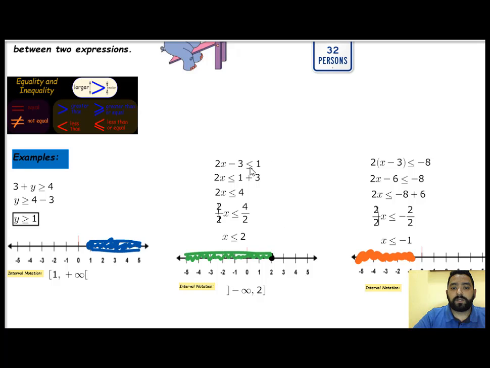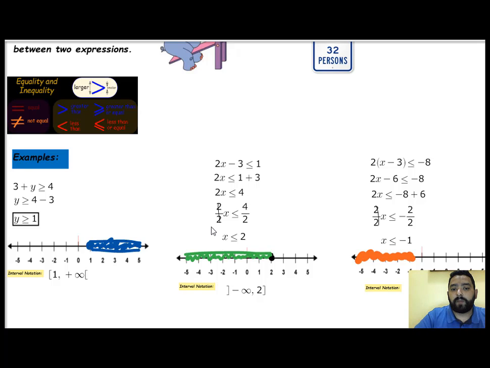Now in this one we take the same idea and we have 2x minus 3 less than or equal to 1. This 3 is negative, we pass it to positive, and we have 1 plus 3 equals 4. Then we have 2x less than or equal to 4. Remember, if we divide by one number on one side, we need to apply the same number on the other side.